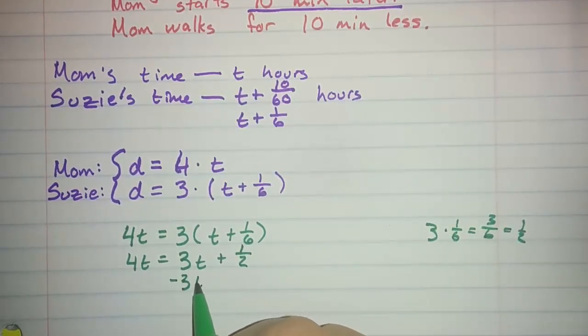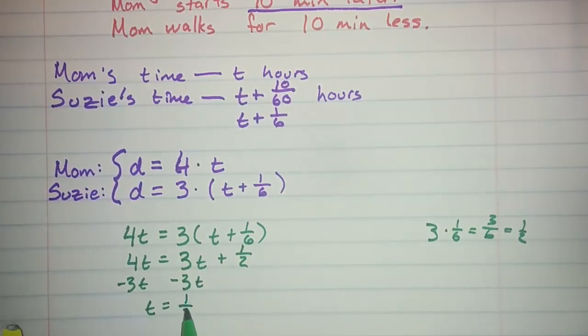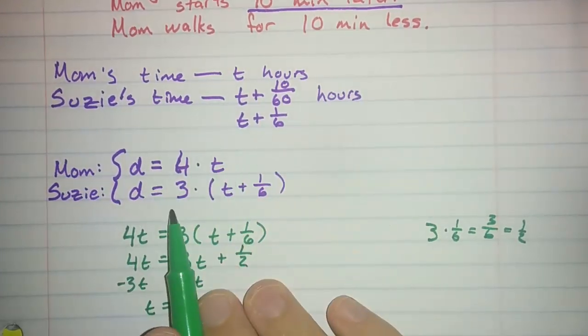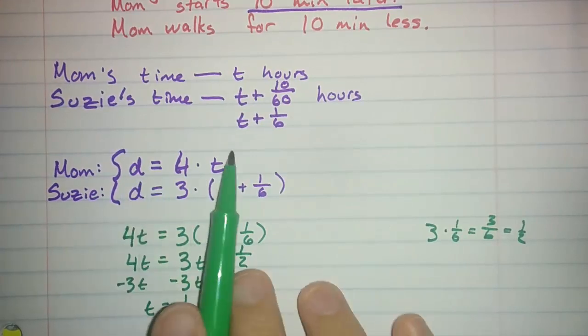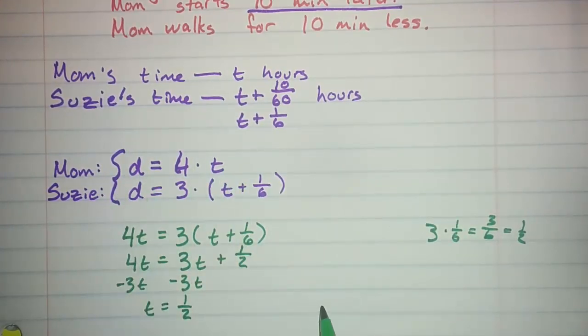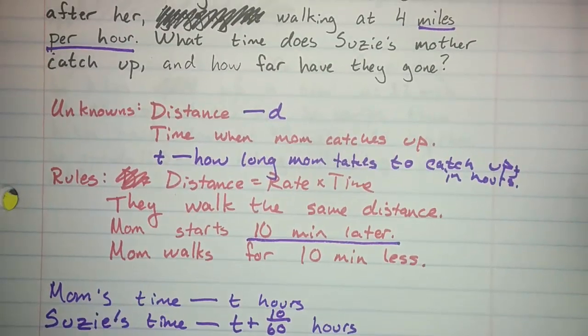Subtract 3T on both sides, and I get T equals 1/2. Now I can go back to either equation to find D. I like this first equation. D is 4 times 1/2, which is 2.